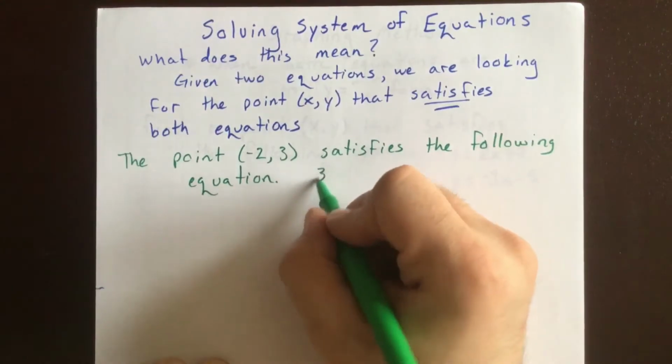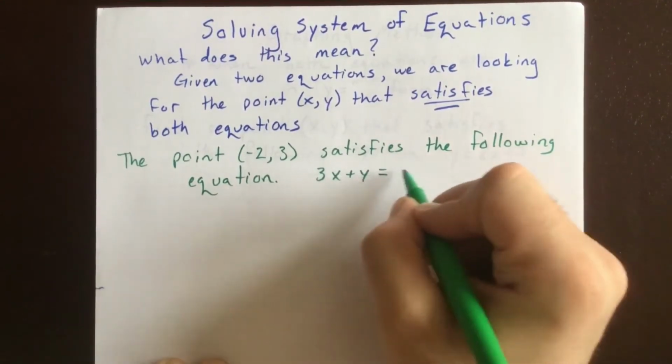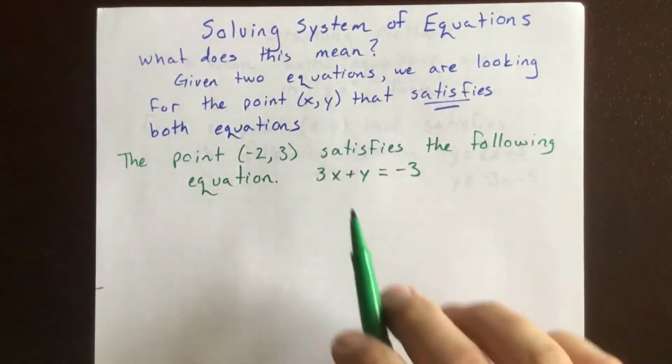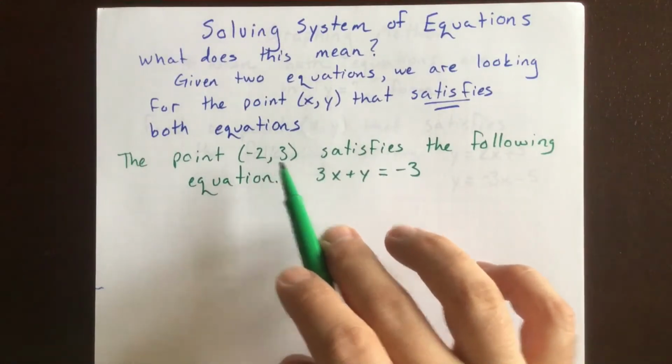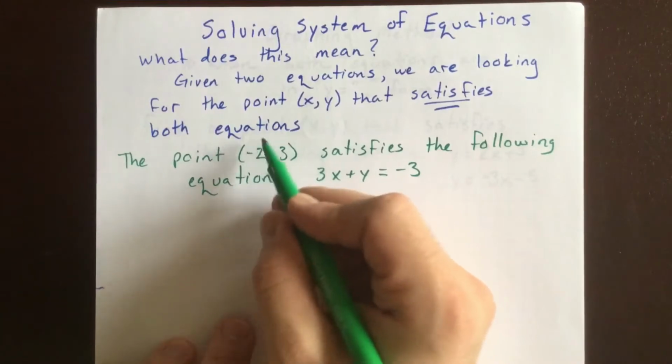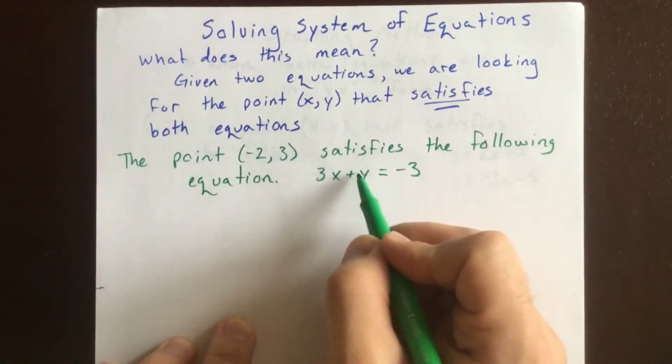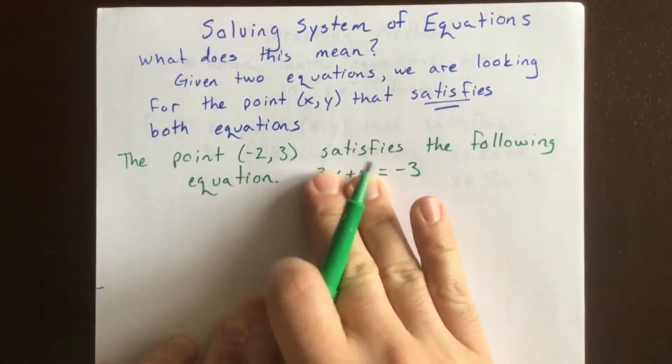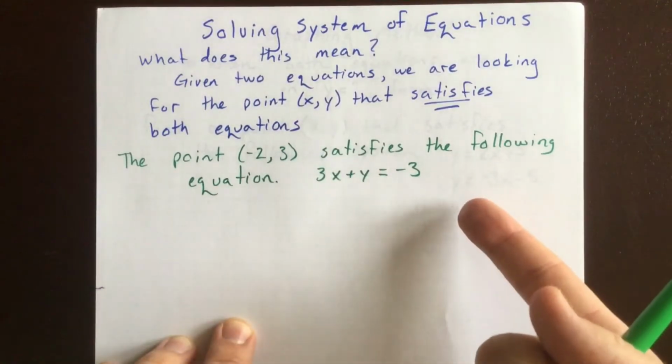The equation is 3x + y = -3. So I tell you that this point satisfies this equation, and what that means is when I place x and y into this equation, this left side will equal the right side.